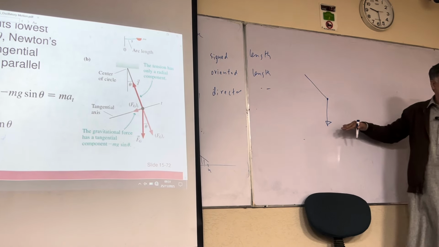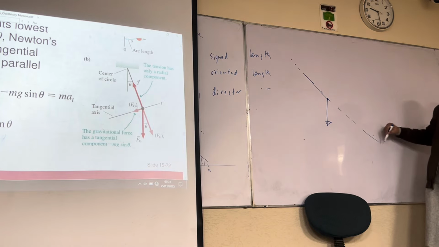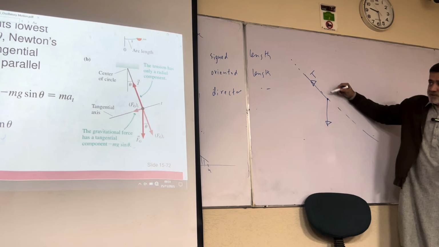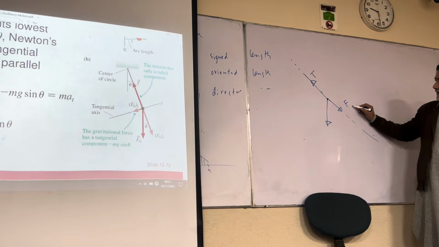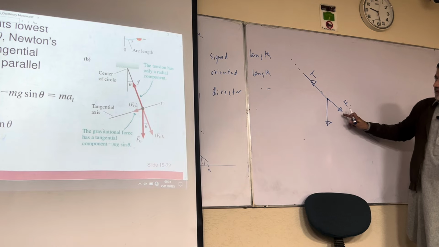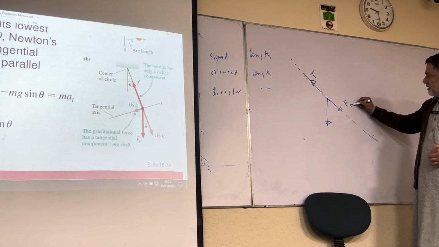I'm interested in the component of this force along this line that will be balanced by the tension force. So this will be F, I will say F, how can I call it? Normal. Yeah, it will be normal, yeah, normal force.